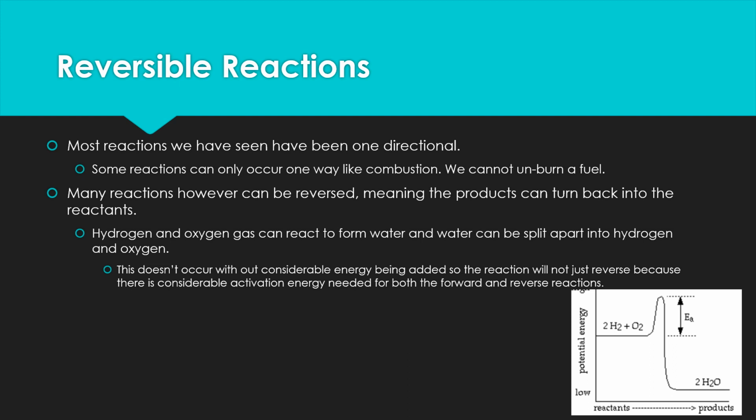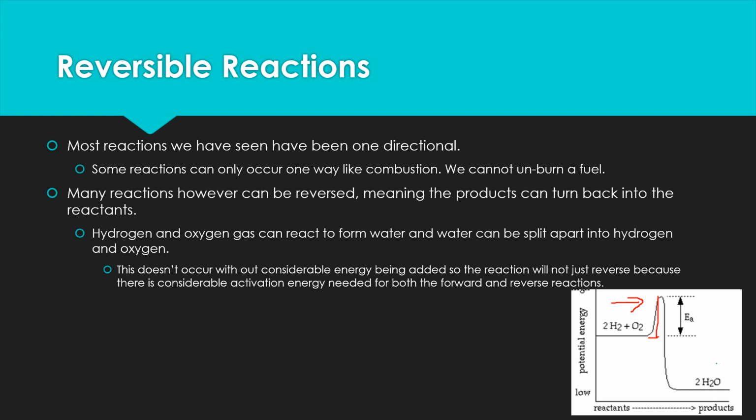So the reaction will not just reverse because there's activation energy needed for both the forward and reverse reaction. So if we look at this graph here, we've got our activation energy for our forward reaction going from left to right, so hydrogen and oxygen making water. That's a considerable amount of activation energy.